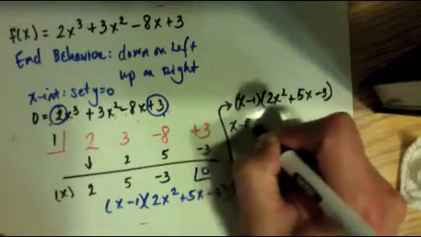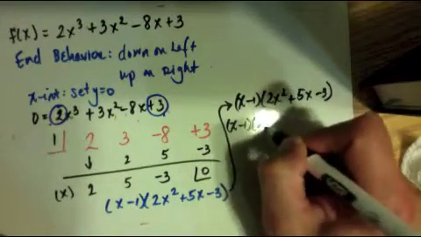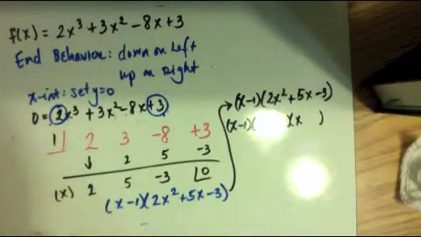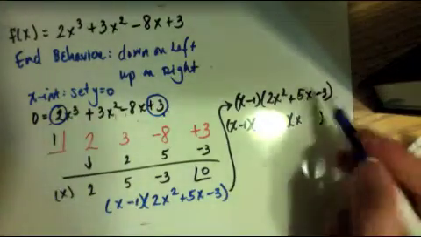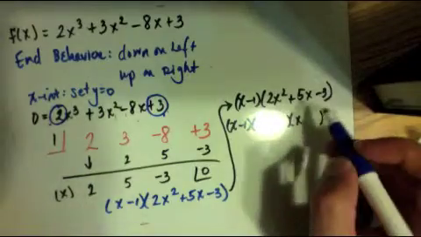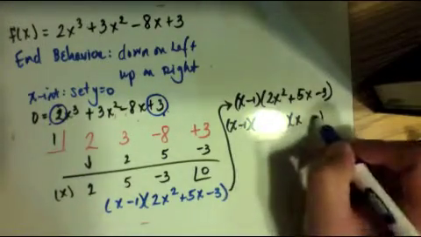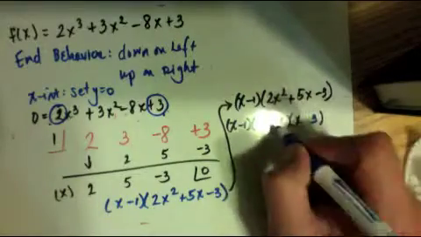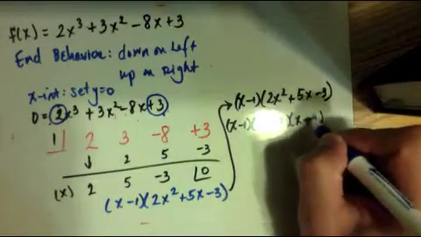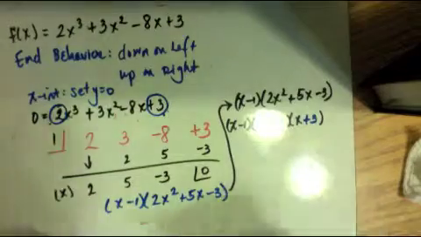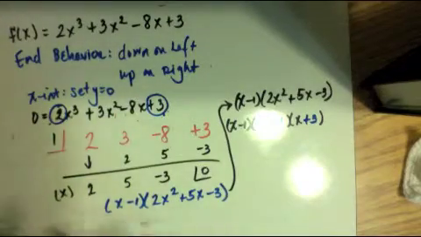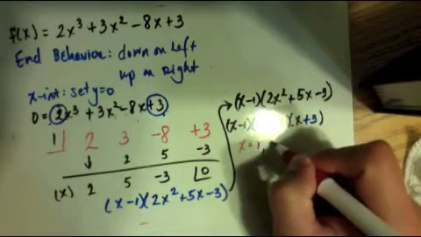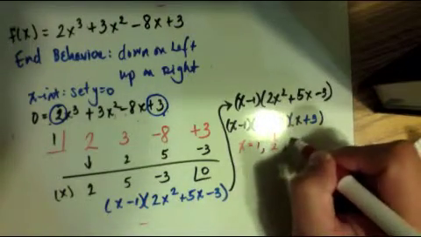When you factor, you get 2x, x. We want a positive 5. Factors of -3: 2 times 3 will give me 6, but I want 5, so this becomes a -1 and a positive 3. So my zeros in this situation are x equals 1, 1/2, and -3.